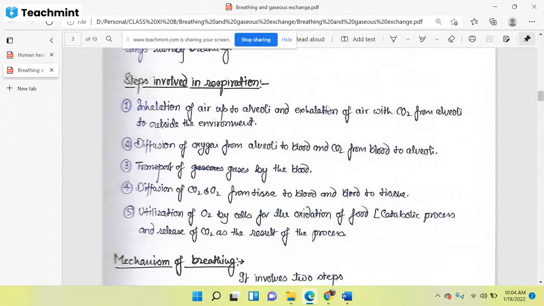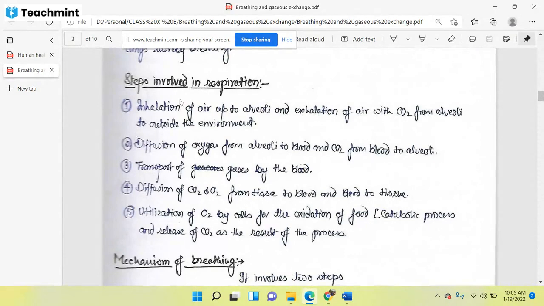Here it has been written: exhalation of the air with carbon dioxide from the alveoli to the outside environment. Whatever carbon dioxide has been produced by our tissue will be transported from the blood to the alveoli, and from the alveoli, due to the exhalation process, the carbon dioxide with the air will be exhaled from our lungs.